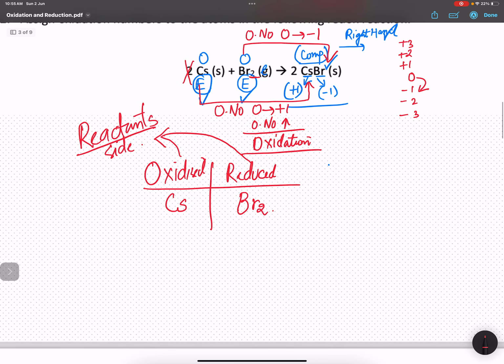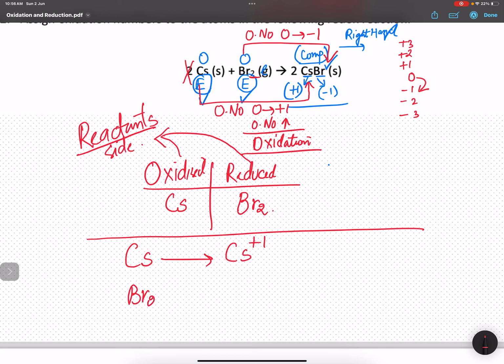I will elaborate a little bit on the above question. So cesium has changed to cesium +1, and Br2 has changed to Br minus. As we said, this is oxidation and this is reduction.